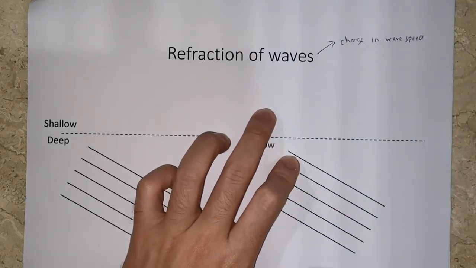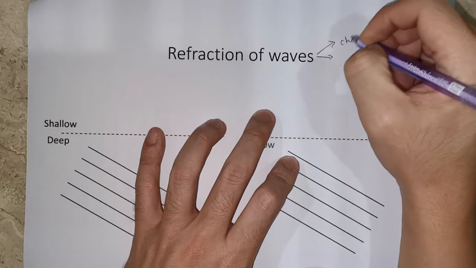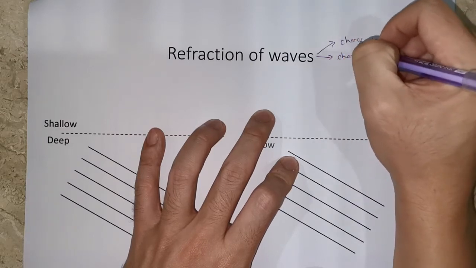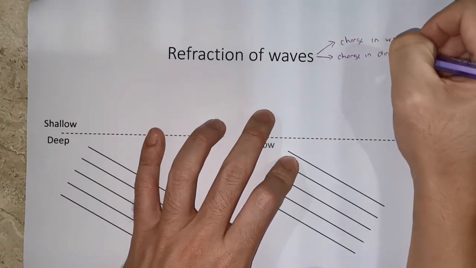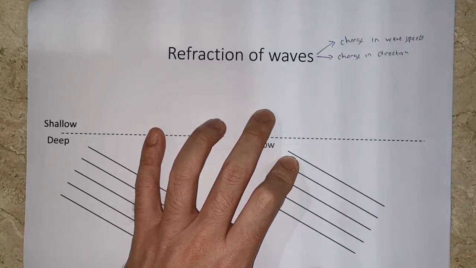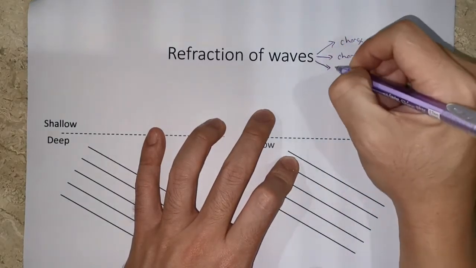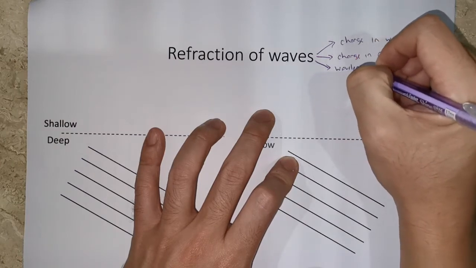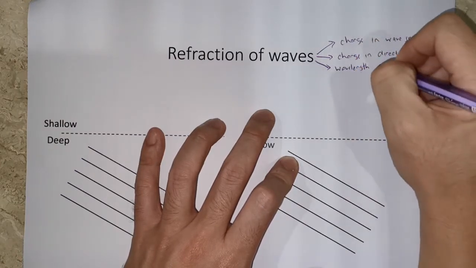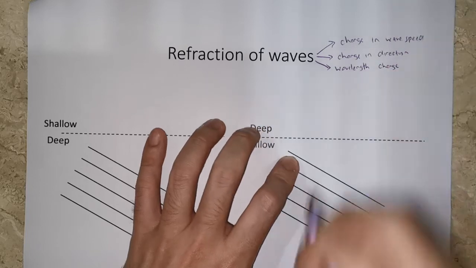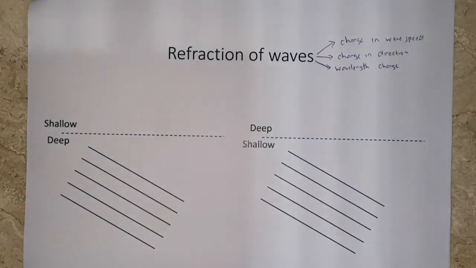Because of the change in wave speed, there will usually be a change in direction. Hopefully it will make sense in a short while, but wavelength will change as well.